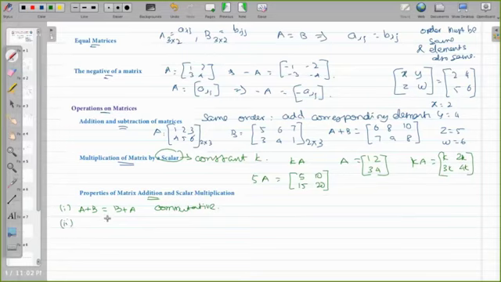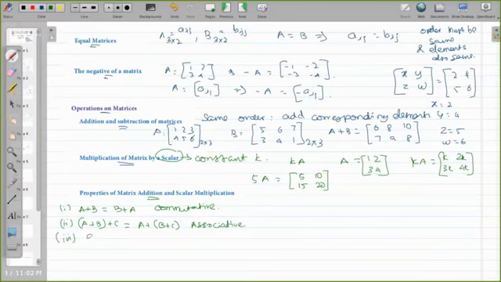This is a simple one. Now it is associative also. A plus B plus C is A plus bracket B plus C. It is associative.